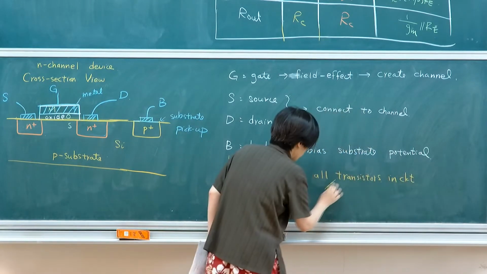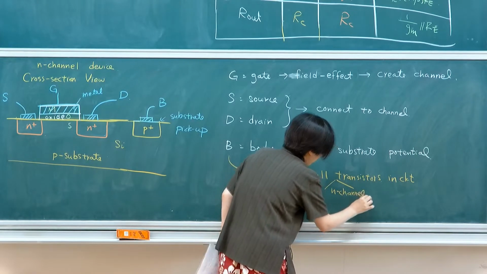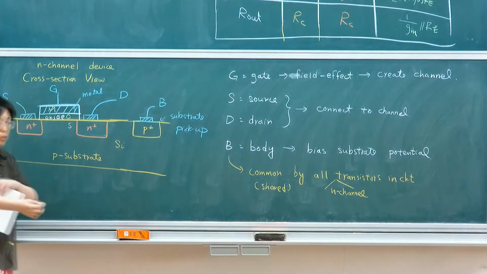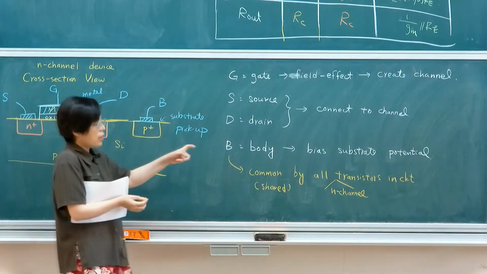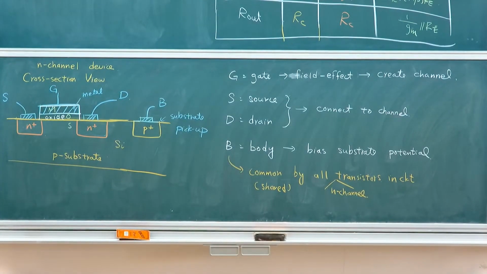I should say all N-channel or P-channel, depending on the type. So if you have multiple N-channel transistors, they share the same body. They're being made in the same body. So I can have multiple transistors made in the same body. So it will then have a shared body connection. Okay?